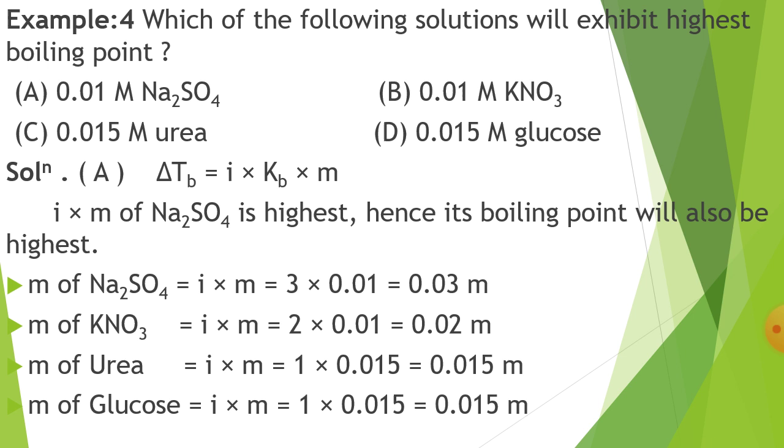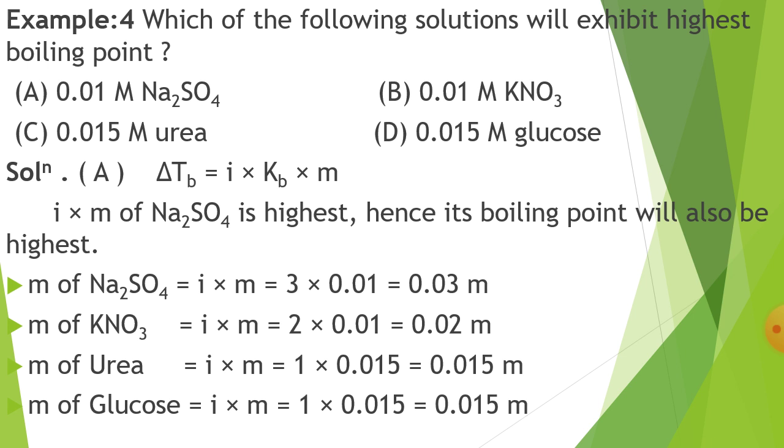Now example 4. Which of the following solutions will exhibit the highest boiling point? Here also the role of the Van 't Hoff factor applies. In the first case 0.01 M Na2SO4, second 0.01 M KNO3, third 0.015 M urea and fourth 0.015 M glucose.